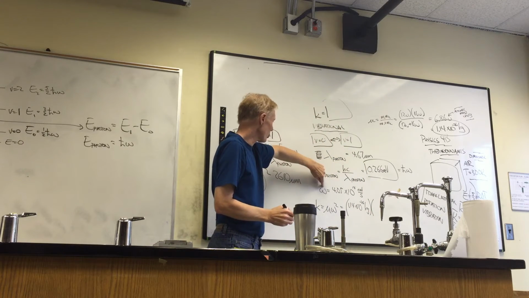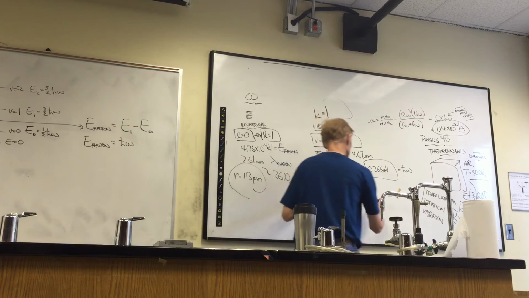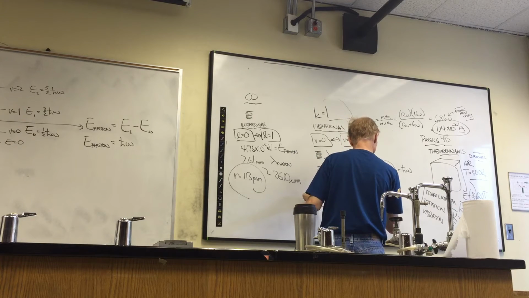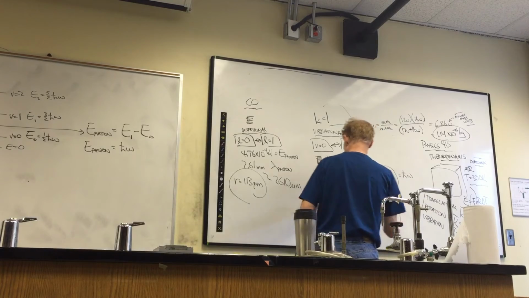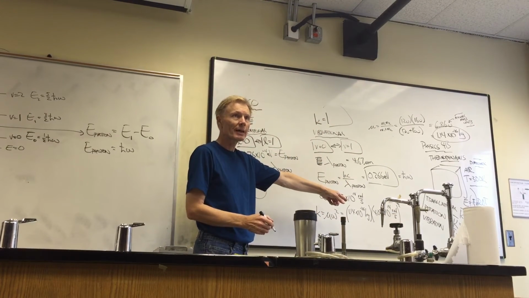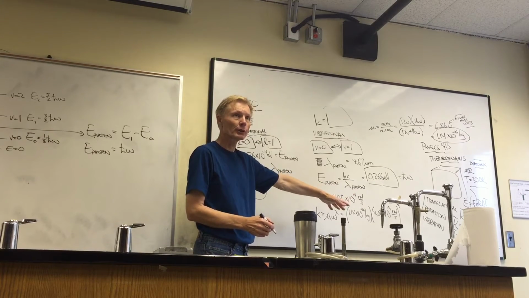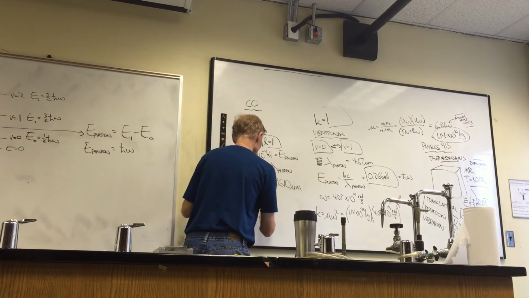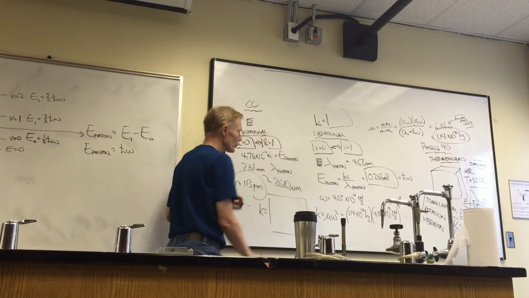And what am I going to put in for omega? 4.05 times 10 to the 14th. Do I have to do anything with the units on that one? No, that's in standard units, right? The radians per second look good. So what do I get for K? And first of all, what are the units going to be?